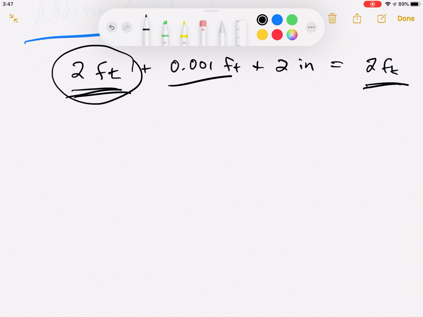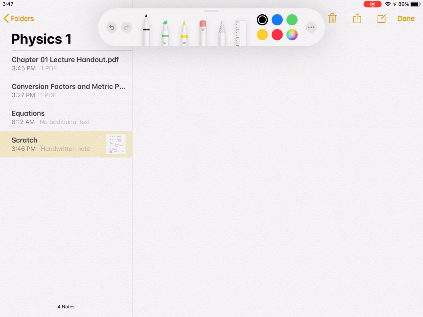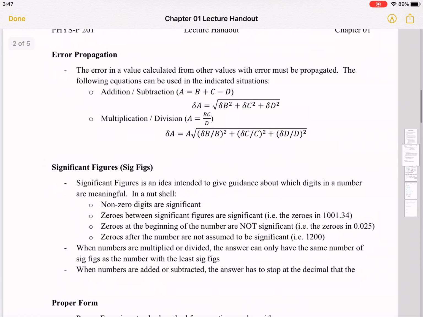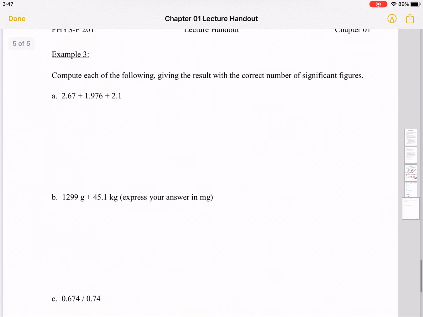All right, so let's just make it up. No, let's not make it up because I don't trust my mental math. So let's go back to this. Okay. So 2.67 plus 1.976 plus 2.1.